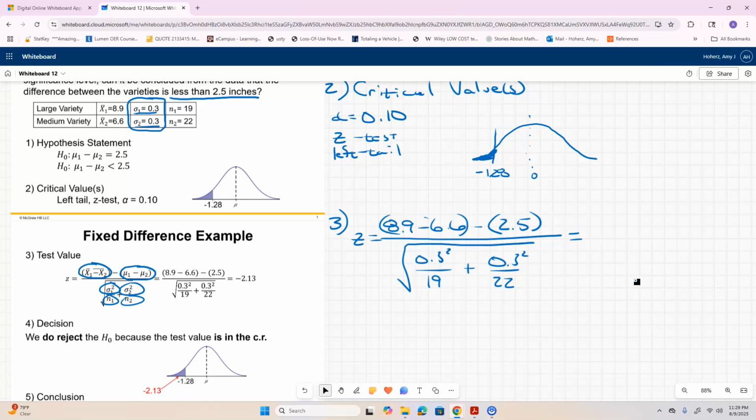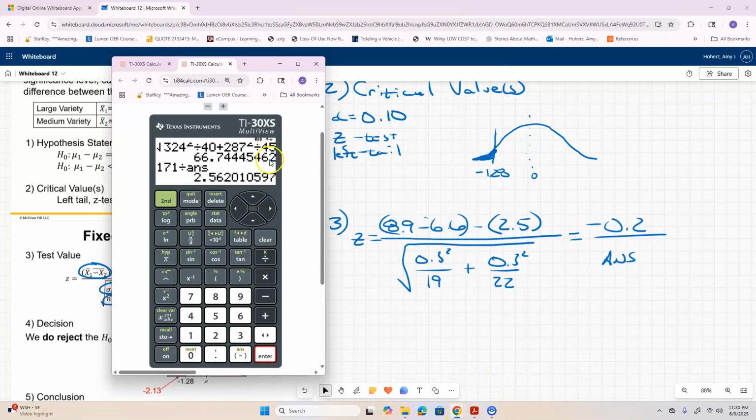So let's compute the top really quick. 8.9 minus 6.6 minus 2.5. So we're getting negative 0.2 for that. And then on the bottom, we're going to get that answer and divide that negative 0.2. So pull the calculator up for that one.